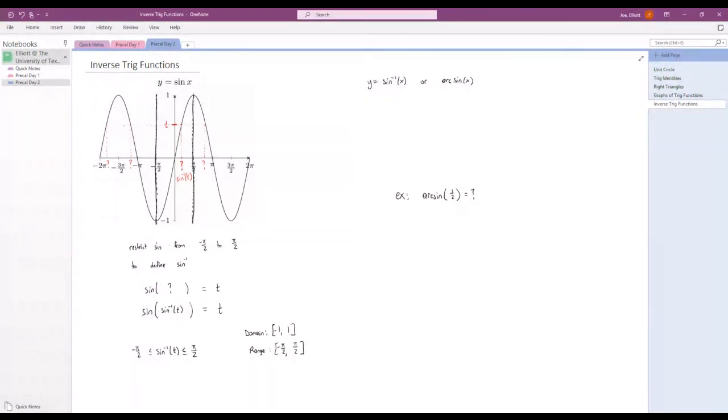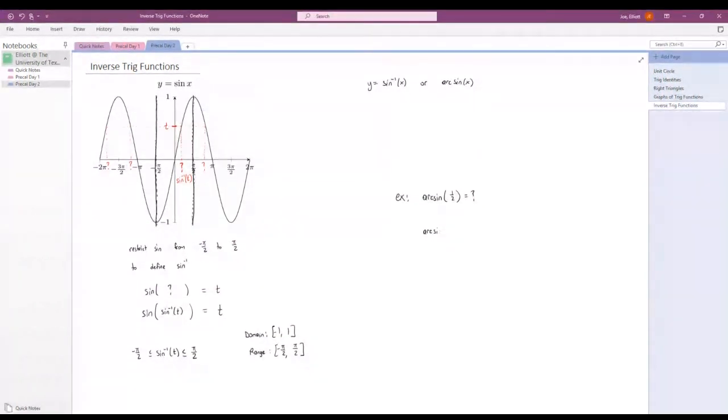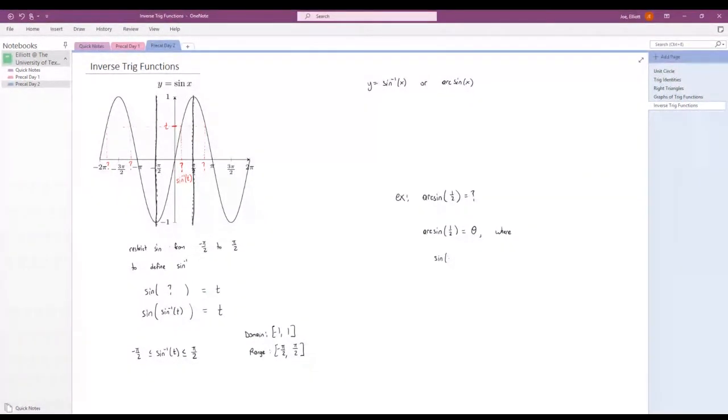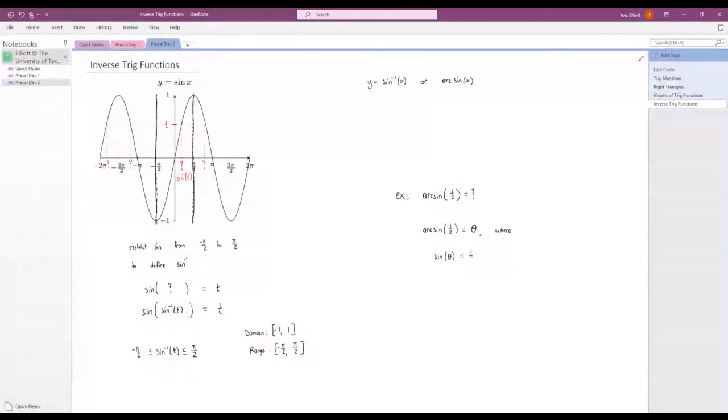The way that I think about the inverse trig functions is that arcsine of 1/2 returns an angle, and this angle is supposed to satisfy that the sine of that angle equals 1/2.